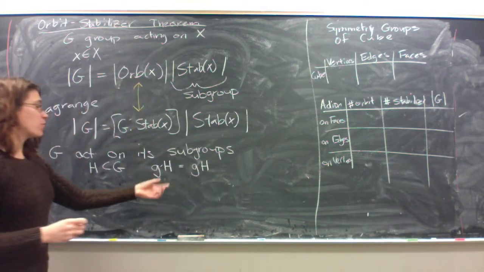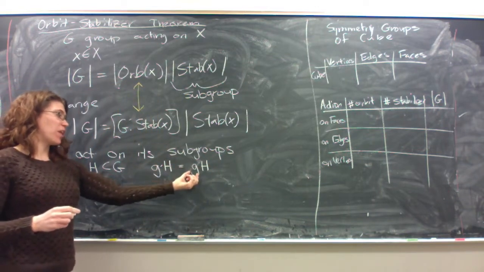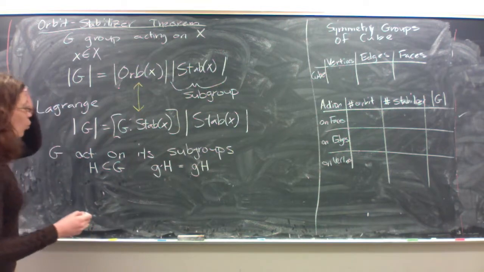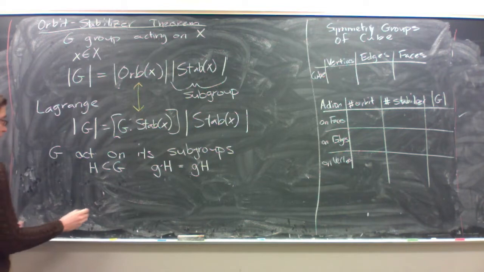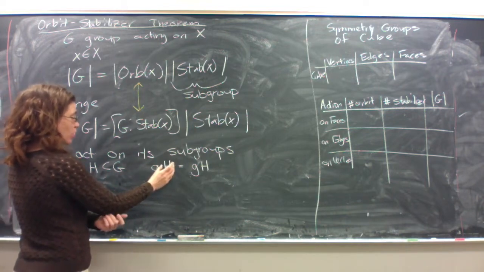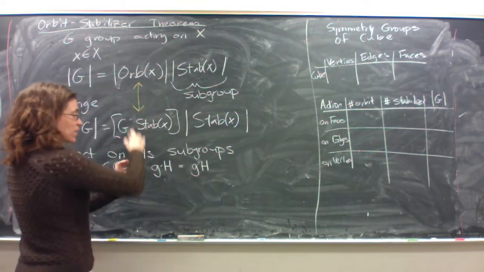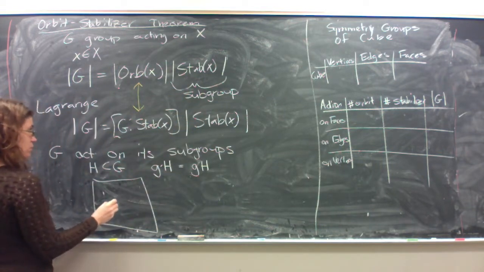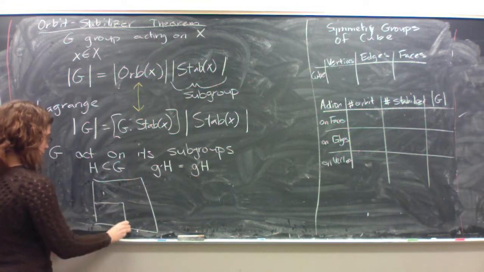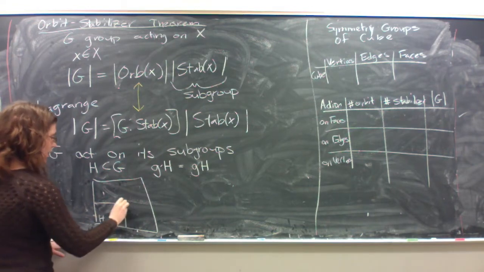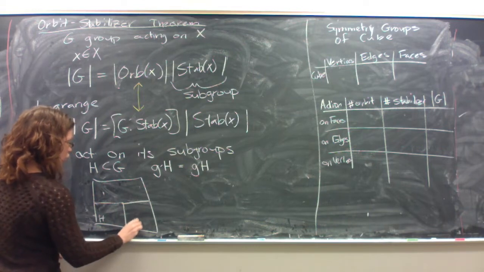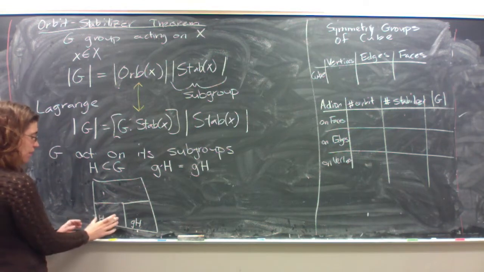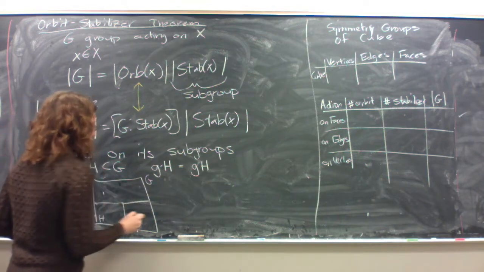That is, for every element of H, I multiply it on the left by G. So then, what this action does is it takes subgroups and it sort of translates them around. So if this is a subgroup, multiplying by G translates copies of H around the group G.